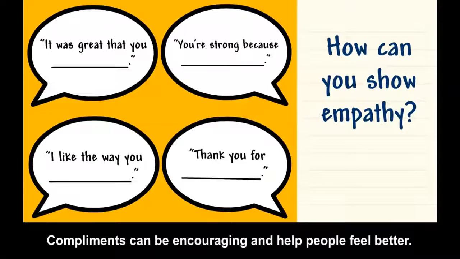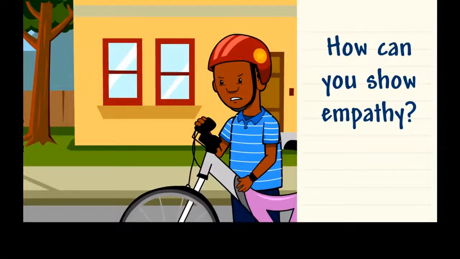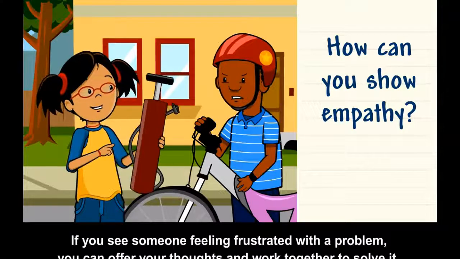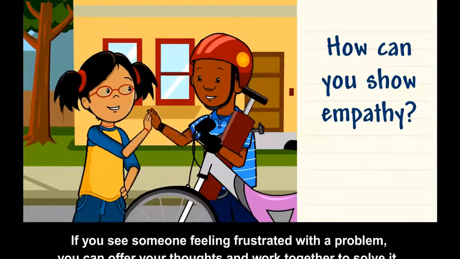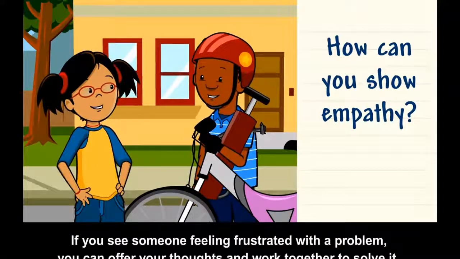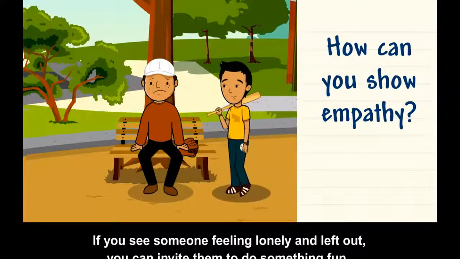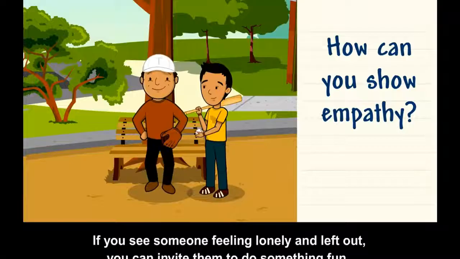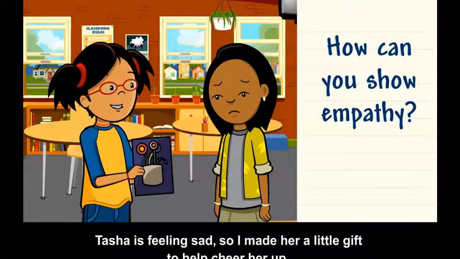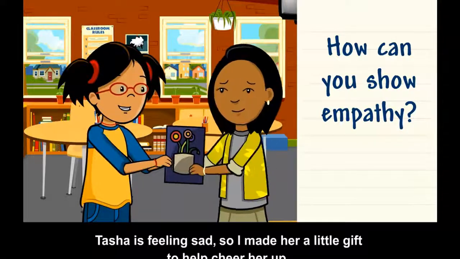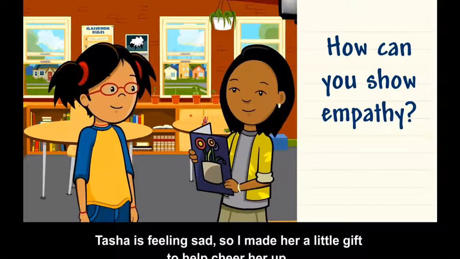Compliments can be encouraging and help people feel better. If you see someone feeling frustrated with a problem, you can offer your thoughts and work together to solve it. If you see someone feeling lonely and left out, you can invite them to do something fun. Tasha is feeling sad, so I made her a little gift to help cheer her up.